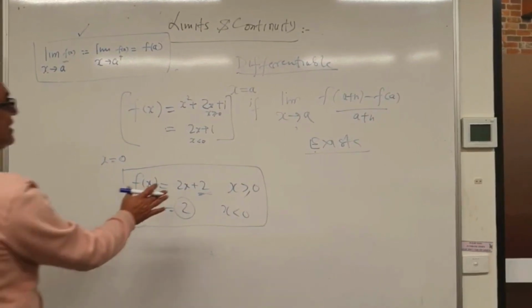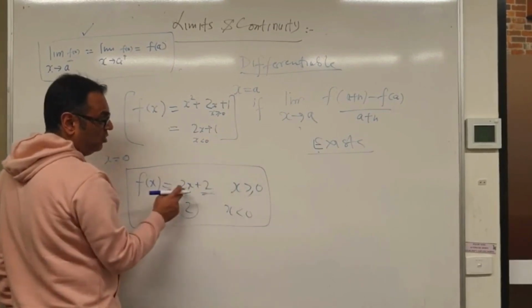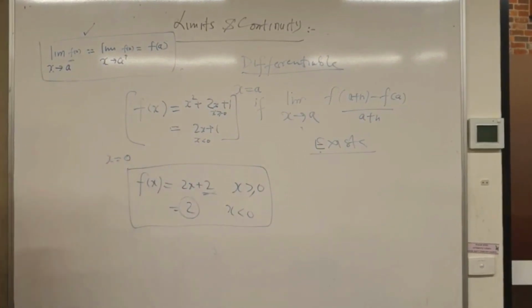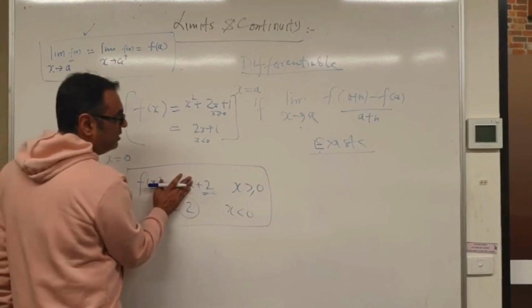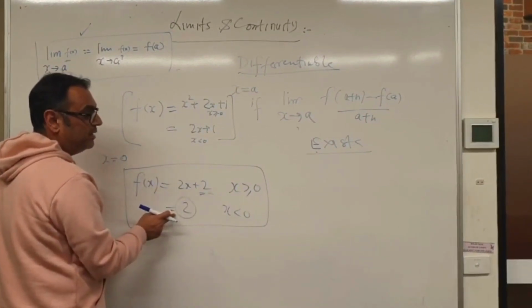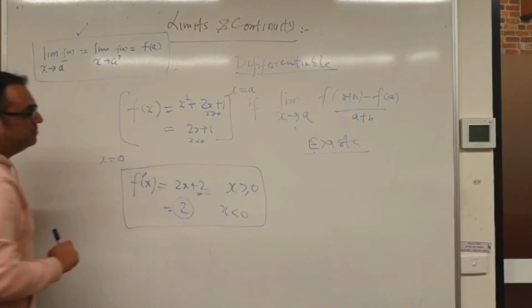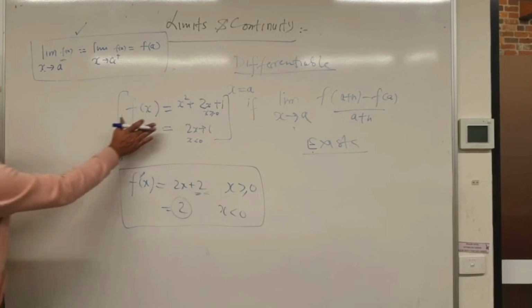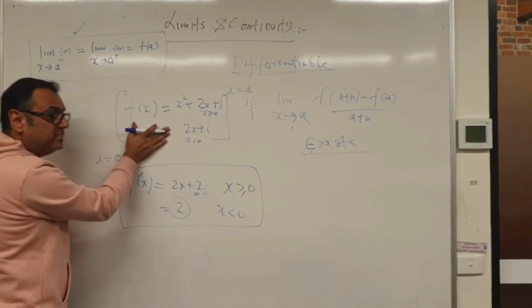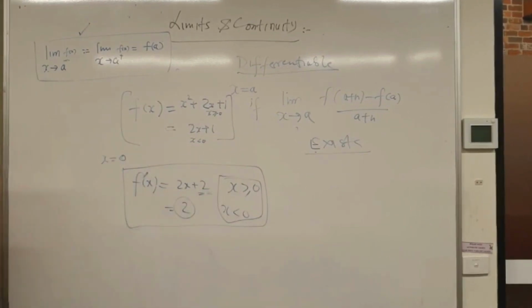And if I plug in x equals 0, obviously it will be 2 again. Left of 0 it is 2, right of 0 it is 2, so this function f dash x is continuous. So this function is differentiable at x equals 0.